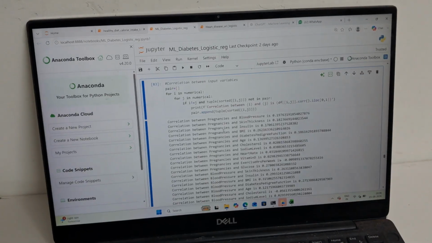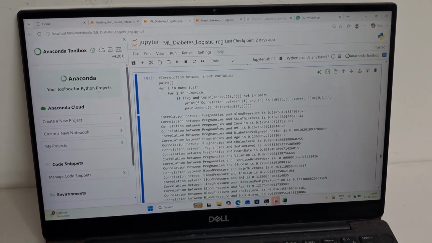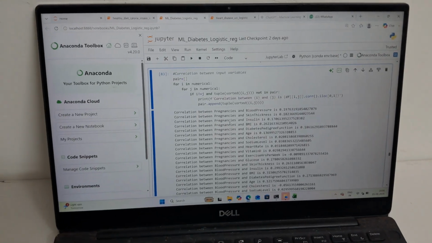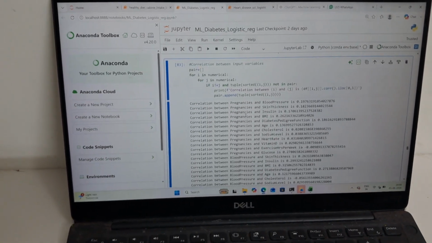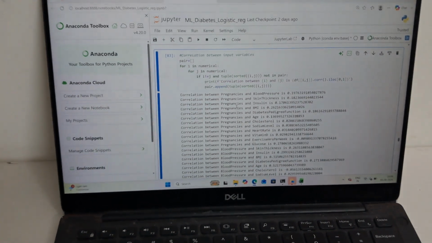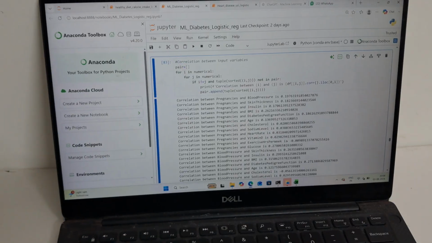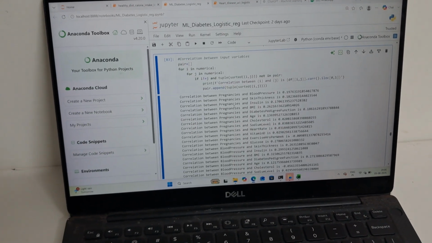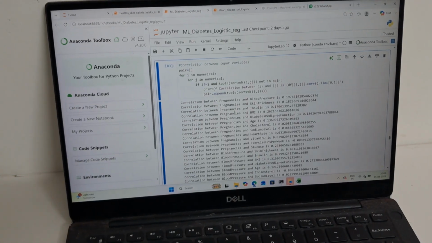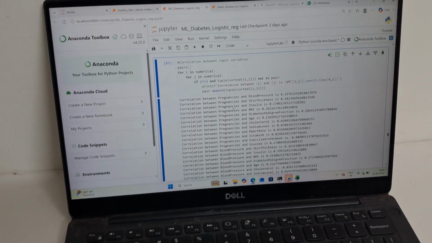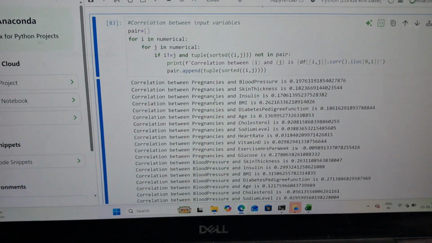Now if the correlation is plus 0.9, obviously it is highly related, and plus means directly proportional. If one input column increases, the other input column also increases. It might be directly proportional or inversely proportional. If directly proportional, positive sign. If inversely related, negative sign. So that is correlation.